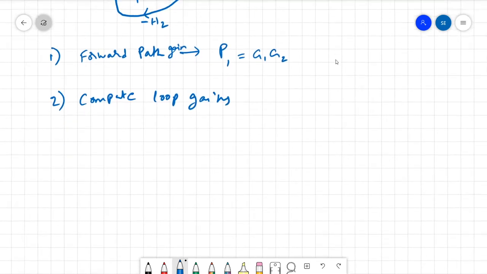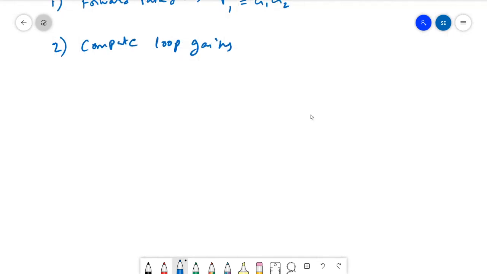So we'll write the loop gains as P11. The first loop gain, P11, is equal to minus H1.